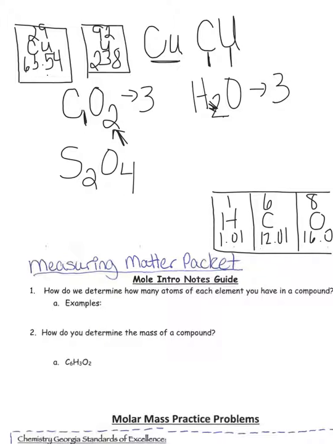Here, this little subscript right here, this 2 is attached to that S. So there are 2 sulfurs, and the 4 is attached to the oxygen. So there are 4 oxygen. So there is a total of 6 atoms. Okay, so that's how we can determine how many atoms are in each compound.